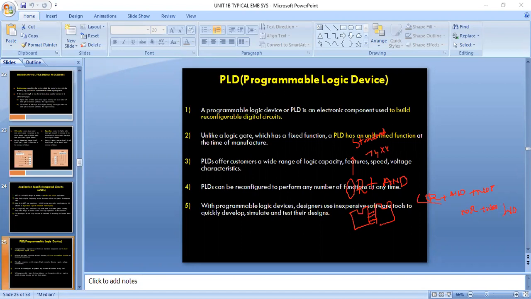Then what happens by using the standard ICs? The size of my device will increase. Suppose I want to place the oxygen concentrator in Gandhi Hospital. If I implement this logic with these integrated circuits, that oxygen concentrator will occupy the place up to Osmania Hospital.